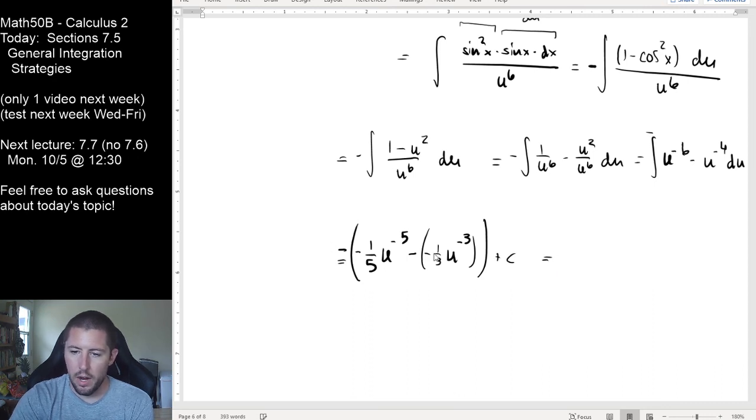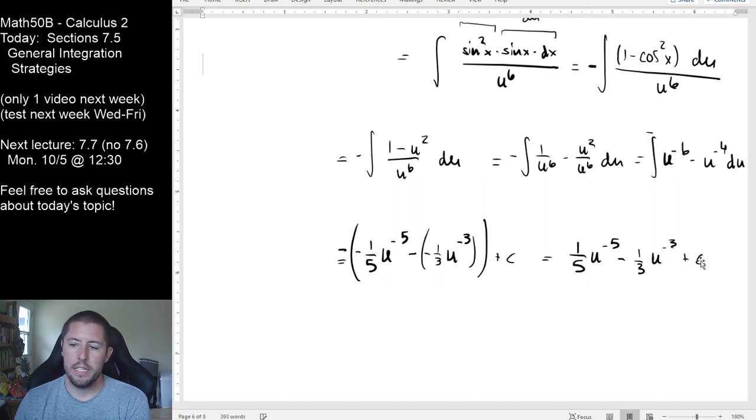And so it seems like I've got a whole bunch of negatives out here. I see that these two are going to become positive right there. So I'm going to get a 1/5 u to the negative 5th. Those two negatives make a positive, but then I'm distributing this negative in, so I do get a negative for this one, minus 1/3 u to the negative 3 plus c.